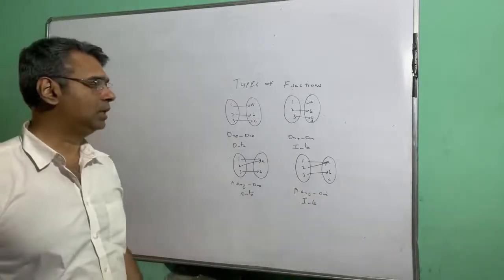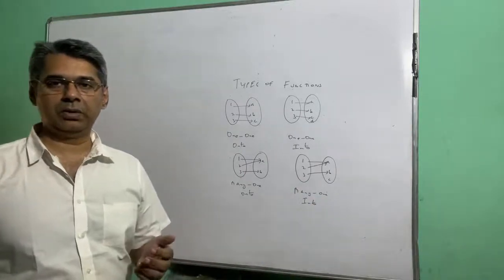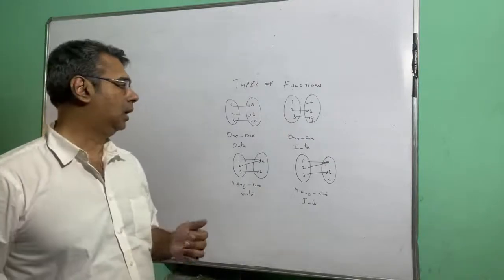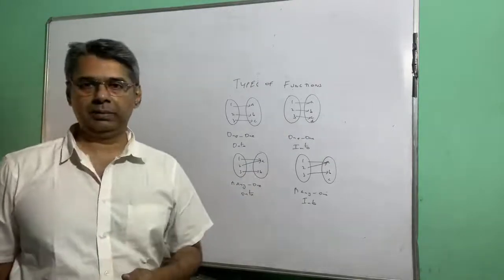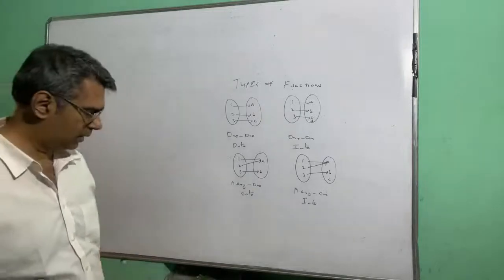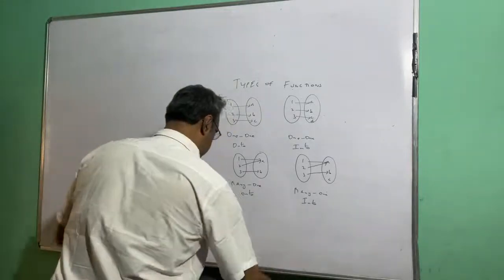So broadly speaking, a function can be 1 to 1, a function can be many to 1, a function can be onto, a function can be into. These are the types of functions.